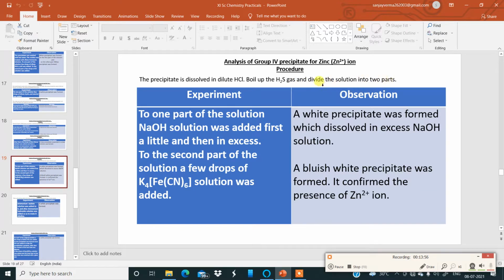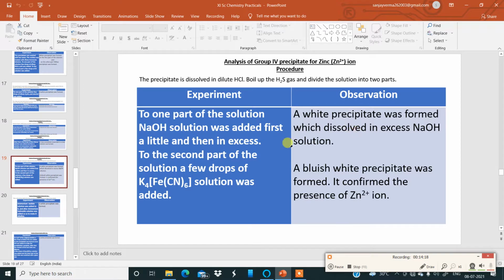To one part of the solution, sodium hydroxide solution was added first a little, and then in excess. When it was added in a little, a white precipitate was formed, and this white precipitate dissolved in excess of sodium hydroxide solution.